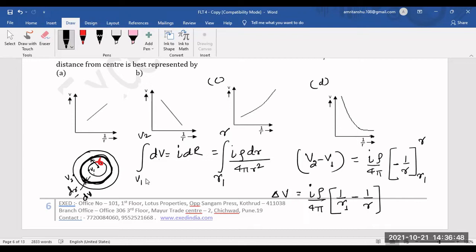So we all know current I is equal to NEA vd, or let's say all these things are constant over here, some constant K into drift velocity.